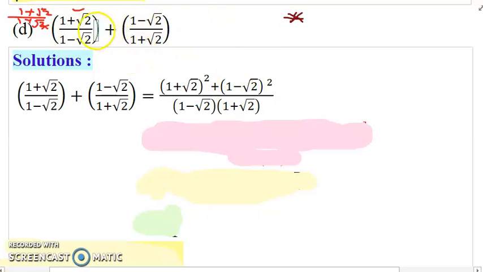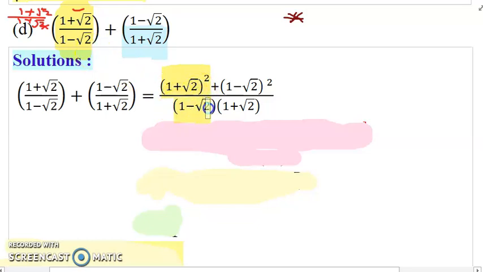So I consider top and bottom, I multiply with 1 plus square root of 2, top and bottom, on this term I highlighted in yellow. What happens, you see, is that the numerator becomes 1 plus square root of 2 squared, because top and bottom you multiply with 1 plus square root of 2, which is the same term as what you have in the numerator, so it turns out to become a square.